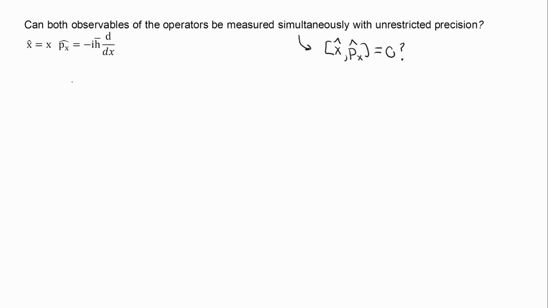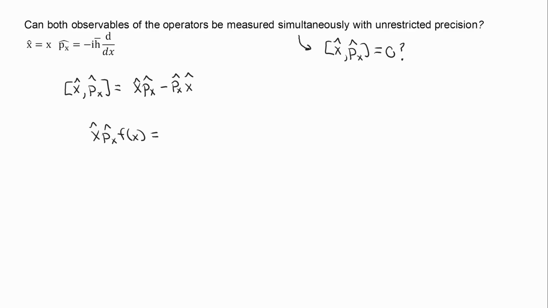Here, we're going to check x and p of x. This is the same thing as x applied onto p of x, that's been applied already onto our function, minus p of x applied onto x that's already been applied. So let's try to find x p of x first on an f of x function.